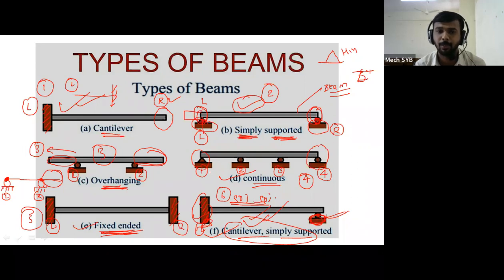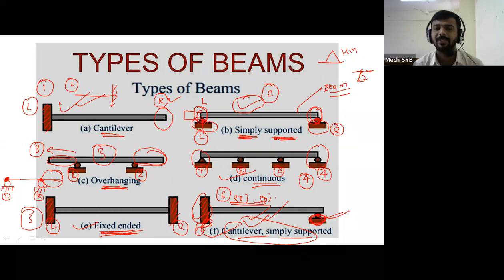Your question will be in the form of a definition. We have to read that definition and, according to it, identify which type of beam it is. Therefore, for the MCQ questions, all these 6 types are very, very important.